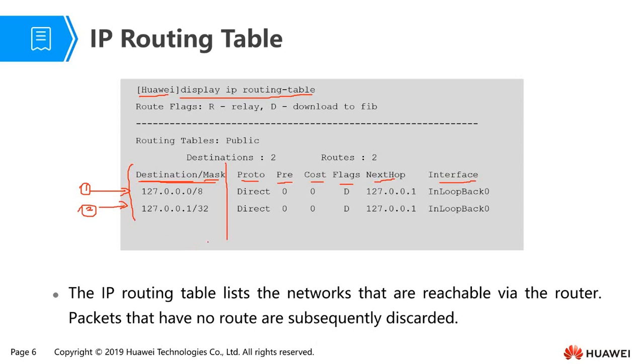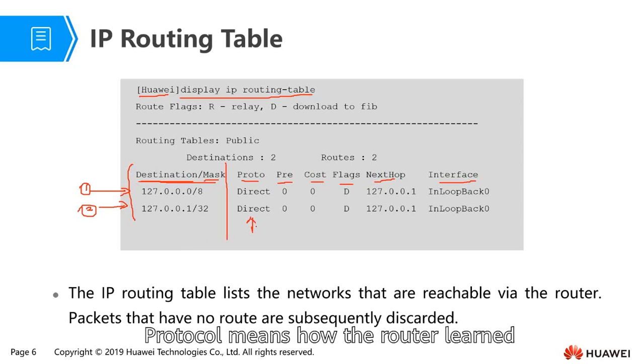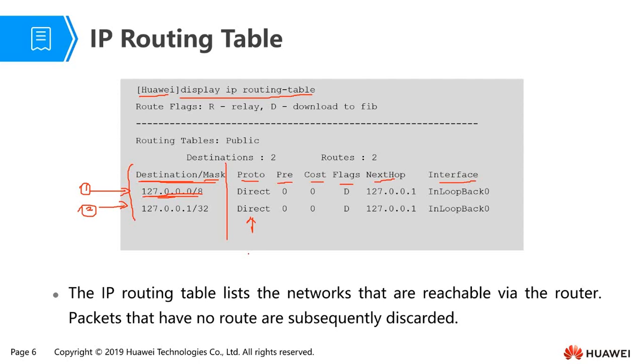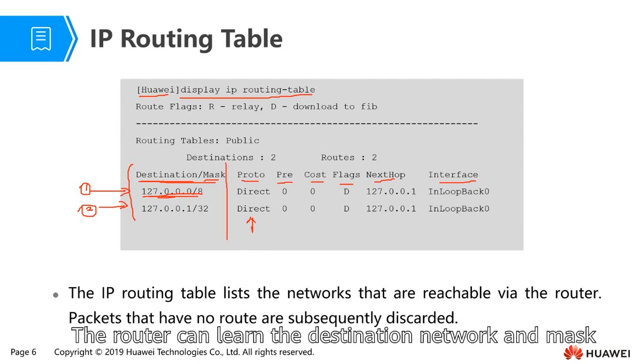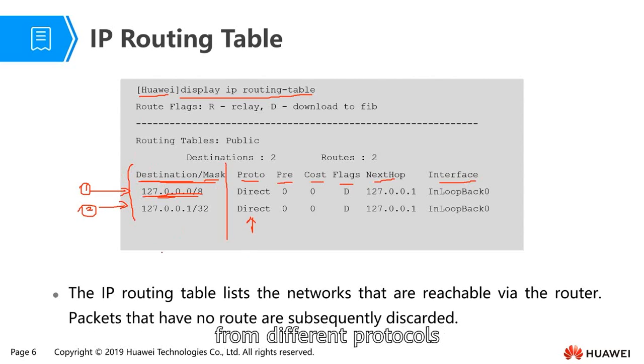Then the second is the protocol. Protocol means how the router learns this destination network. Direct means this network is directly connected to the router. The router can learn the destination network and mask in different ways. There are three ways.